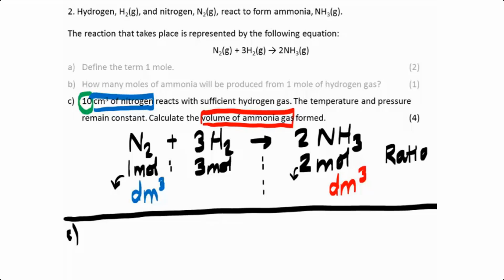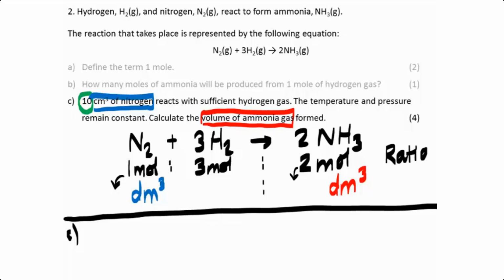As I said, I'm going to do this maybe slightly wrongly first, because we have not been told here that this is at STP. We were told that the temperature and pressure remained constant, but it's not at STP. But you will get the right answer if you assume it is at STP.